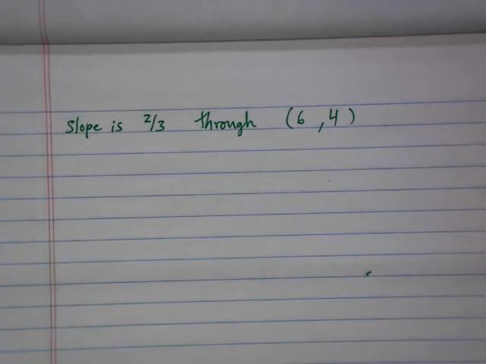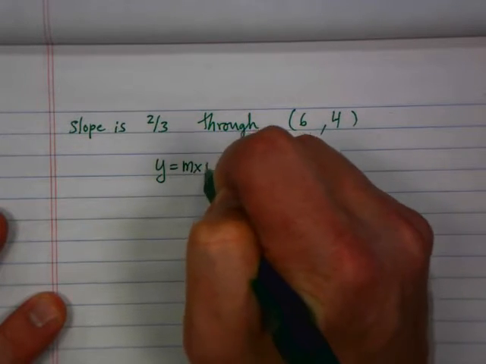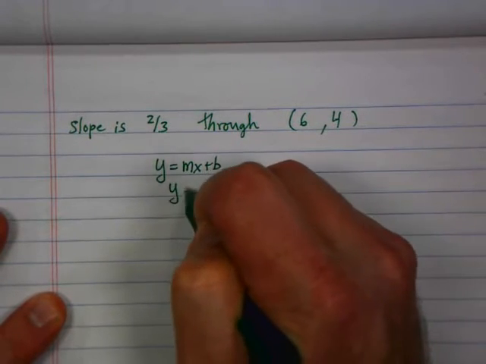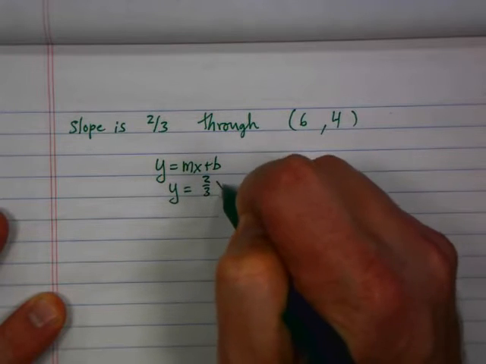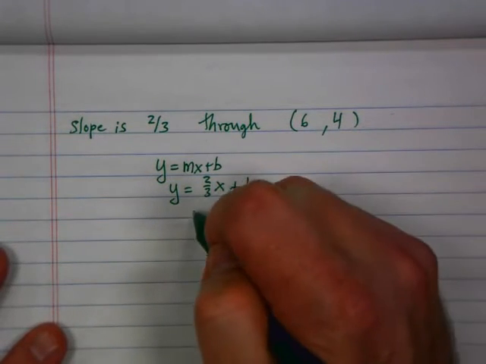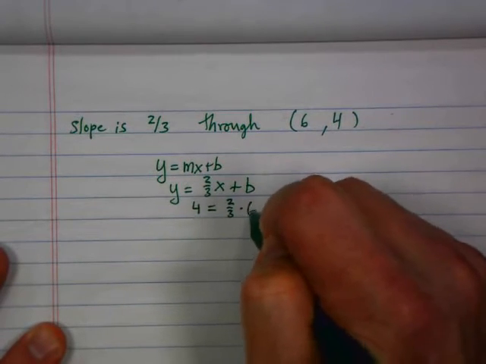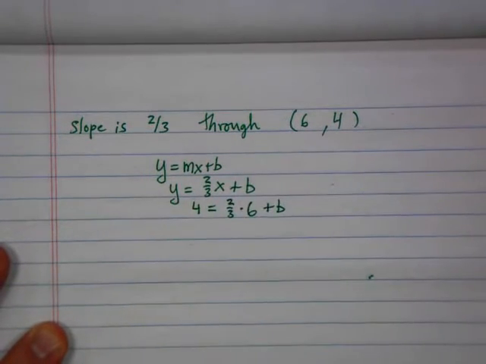All right, again, I would do this the same way. I would start with y equals mx plus b. Y is 2/3 x plus b. I know my slope is 2/3. Then what? Plug in my numbers. I have 4 equals 2/3 times 6 plus b.